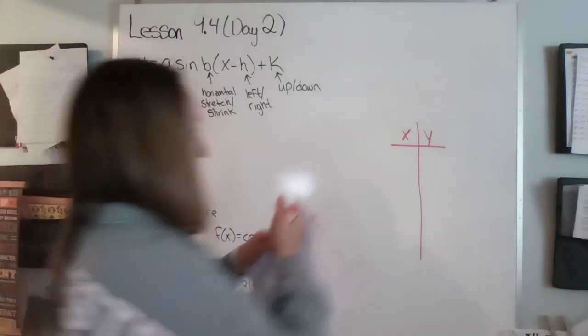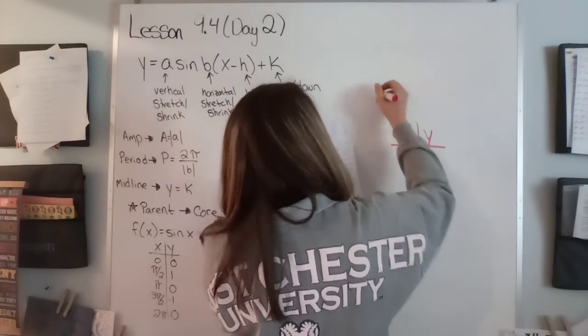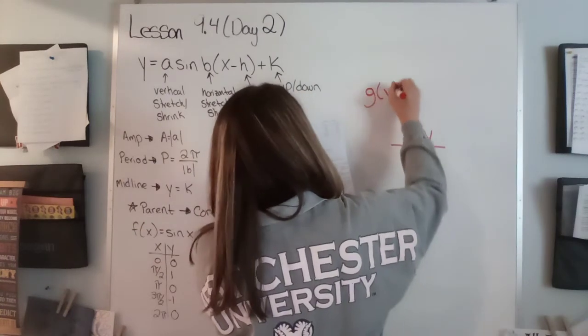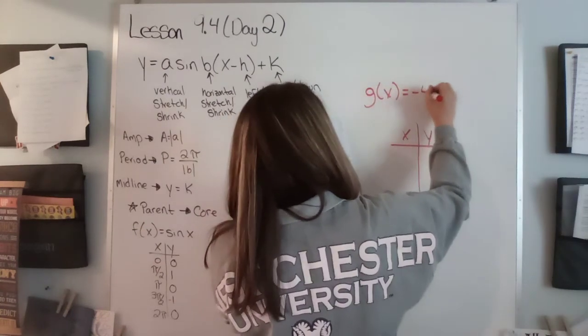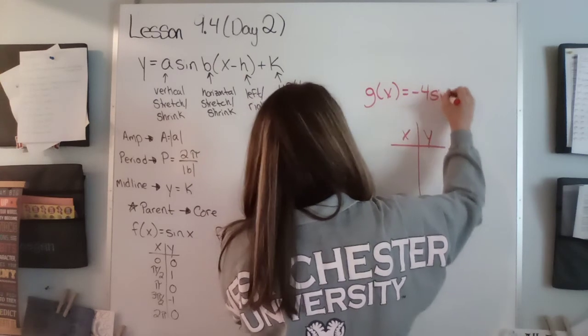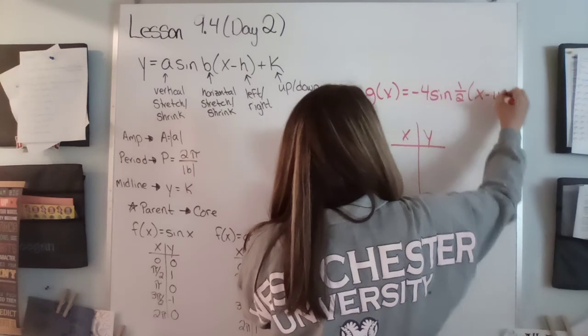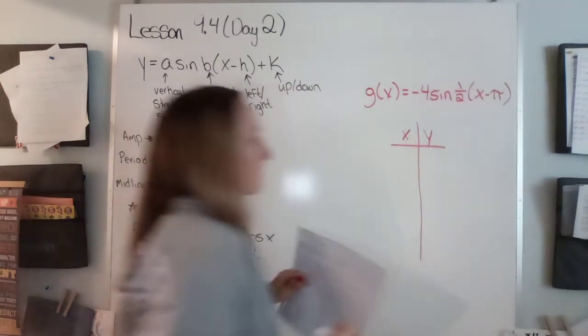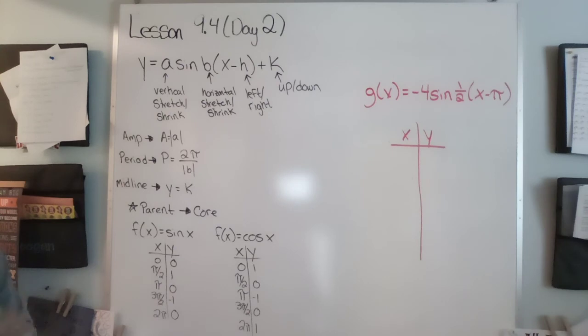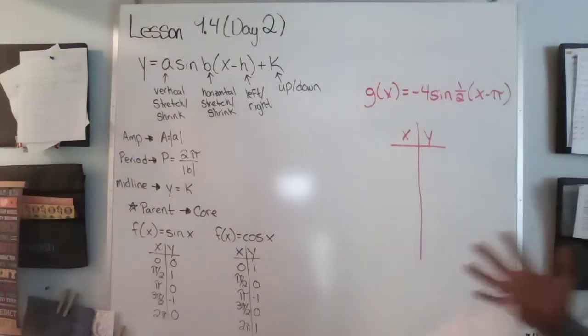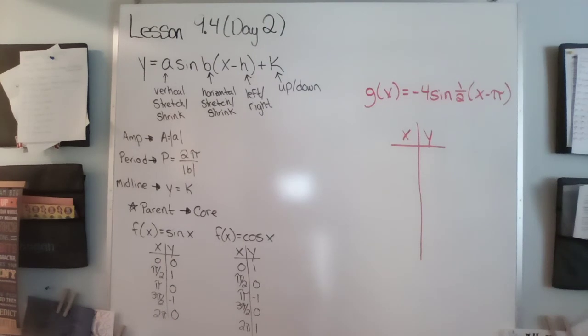So the last graph is g of x equals negative 4 sine 1/2 x minus pi. Okay. So we're going to talk about all the same things we talked about in the last 2 problems.